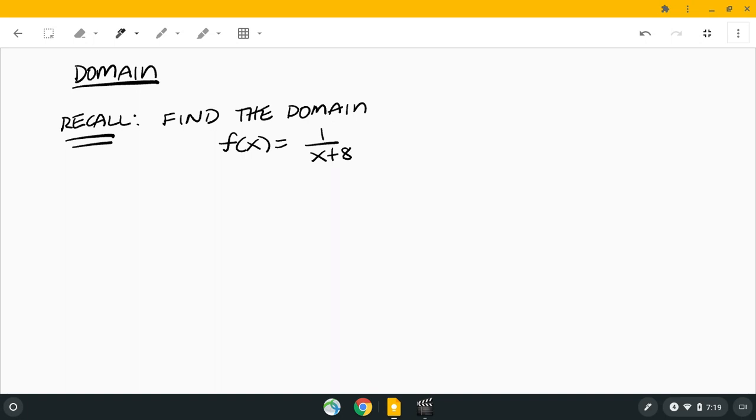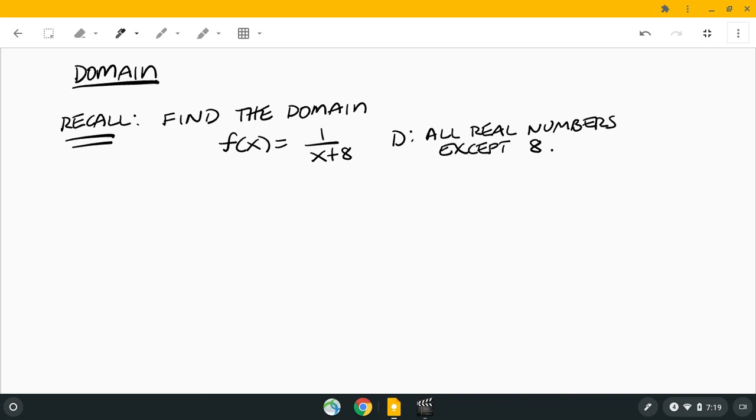So here, the domain is everything. You can use any number except -8, right? Okay, so you would say your domain is all real numbers except -8.